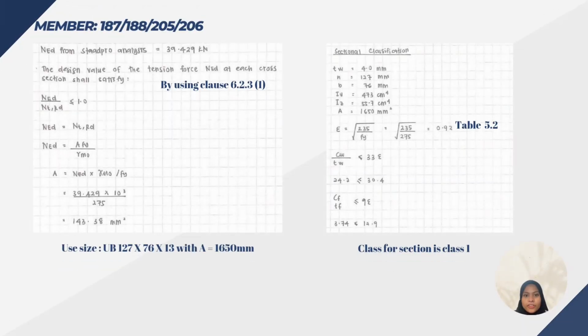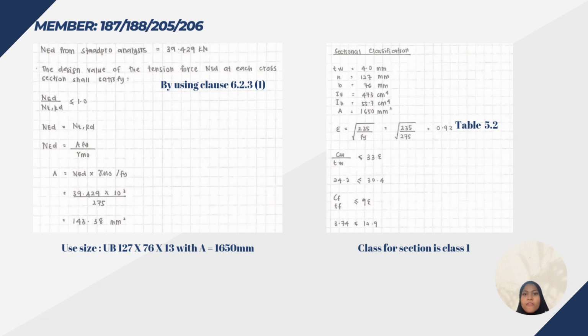I want to explain tension members 187, 188, 205 and 206. From the STAAD.Pro analysis, we got an NED value of 39.429 kilonewton. By using clause 6.2.3, NED over NTRD must be less than 1.